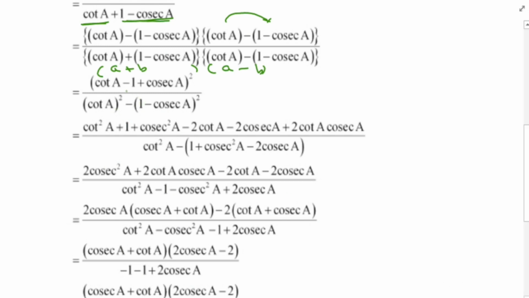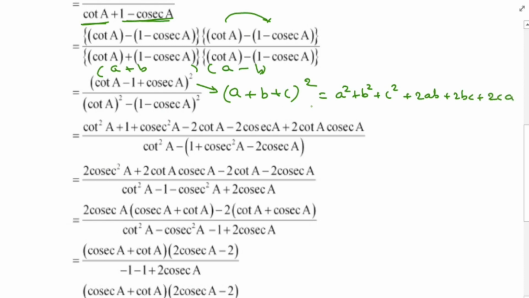Here we will apply the identity A plus B plus C whole square for the numerator. This is equal to A square plus B square plus C square plus 2AB plus 2BC plus 2CA.